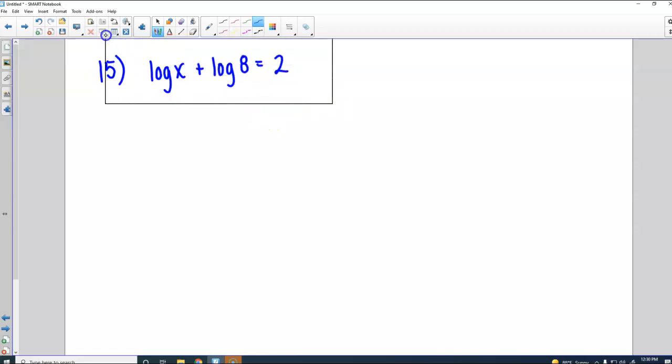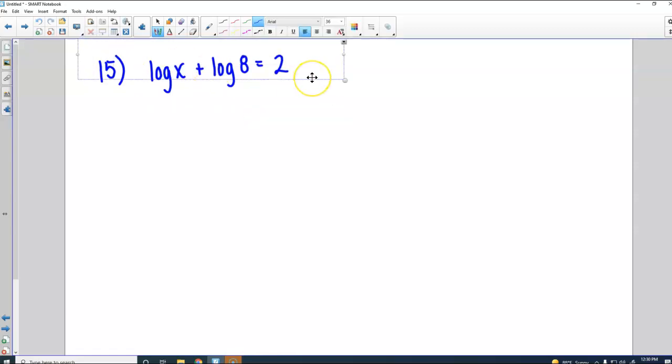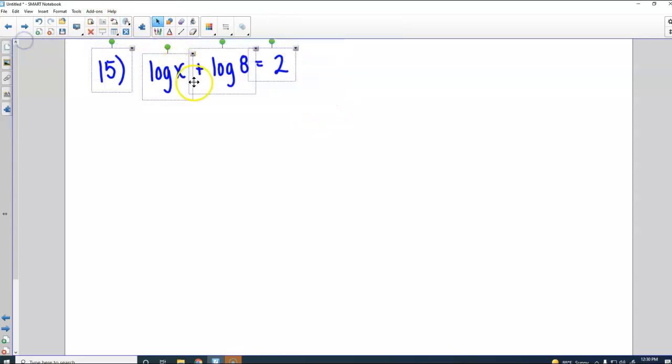All right, so 15 is where what we did on Monday and what we did yesterday start to come together. Okay, so we haven't done one quite like this yet, but we know all the pieces we need to know.